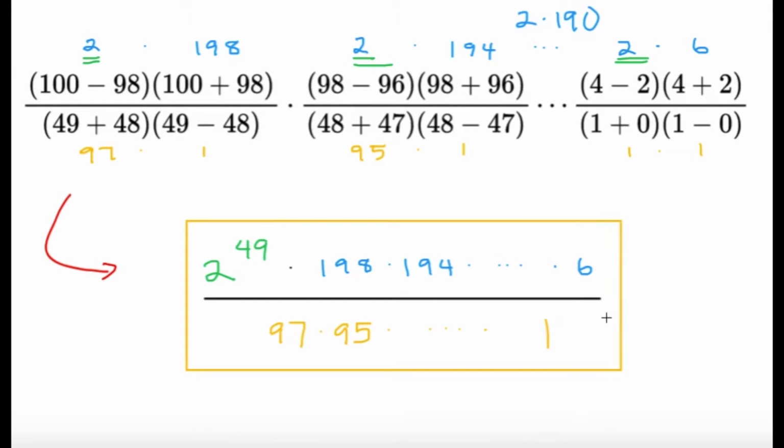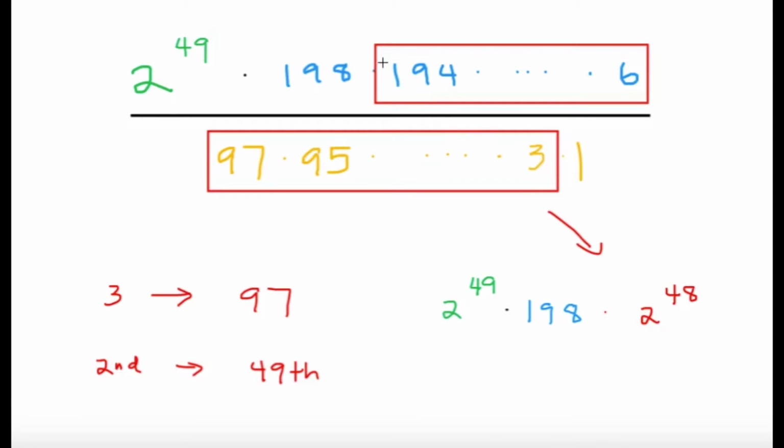Let's see if we can simplify this further. Let's focus on the red part, because 194, and let me write down the next few terms as well: 190, 186, since from our analysis the numbers go down by 4 each time. And here we have 97, 95, and the next terms are 93 and 91, and so on.